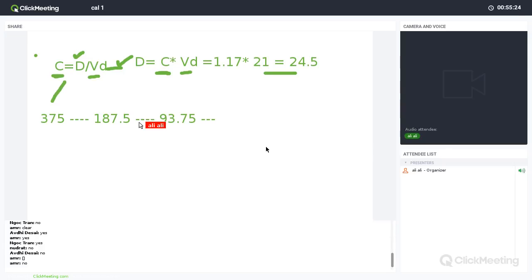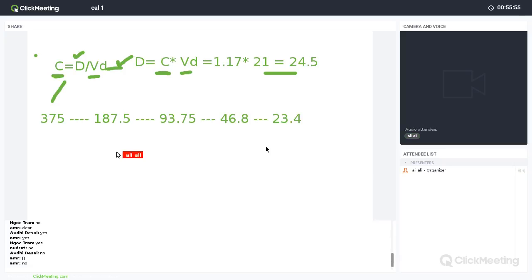We go for another period. It will give 46.8. Another period of time, 23.4.